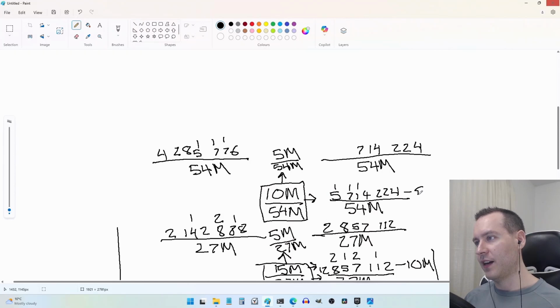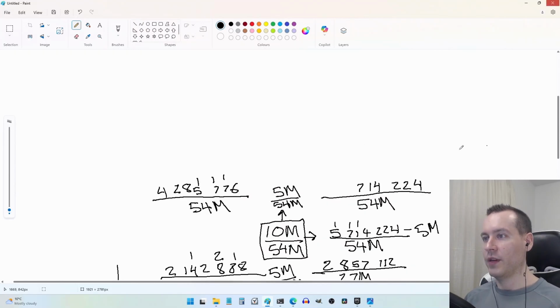So we get 5 million, and we get this exact same value as we had before. So we have a bit more confidence that we did our math correctly. Now we have a left side that is much greater than the right side, so we will split 2/3 to the left because it's greater than double the right.